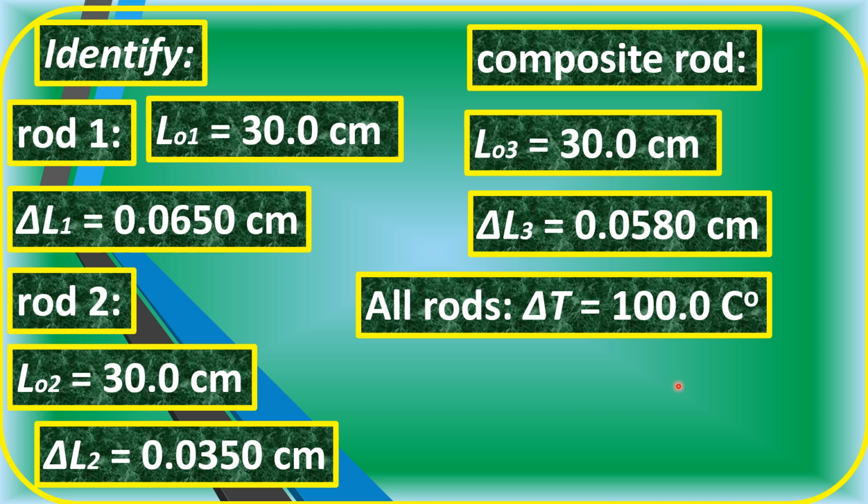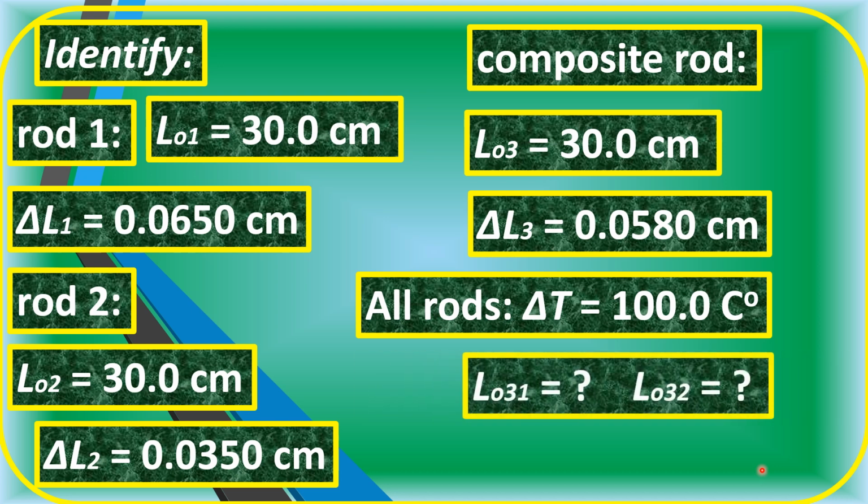But that could also mean that the initial temperature can be at room temperature, such as 25 degrees Celsius, then heated until the final temperature becomes 125 degrees Celsius. It doesn't matter what the initial temperature of each of the rods is as long as the change in temperature delta T is 100.0 Celsius degrees.